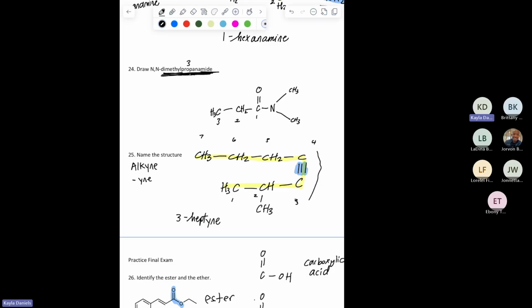If there's no branches, this is where I would stop, but I have this methyl branch coming off of 2, so I'll say 2-methyl-3-heptyne. All right, any questions?